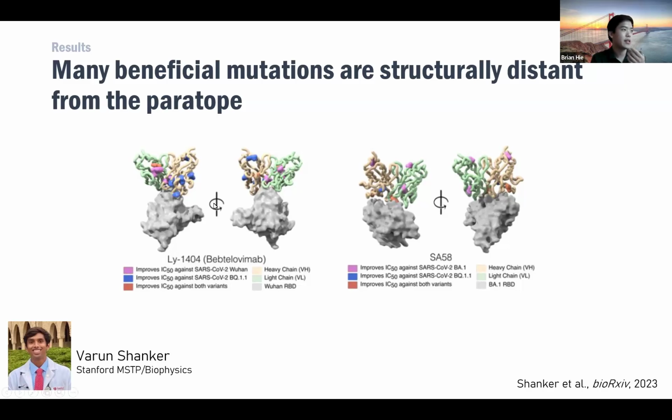And so there are many mutations that do confer increased affinity or increased neutralization potency or increased breadth that are in the framework regions of the antibodies. And it's also known that natural affinity maturation will very often reach into the frameworks for affinity improving mutations as well. So this is another thing to highlight as a key feature of this method.